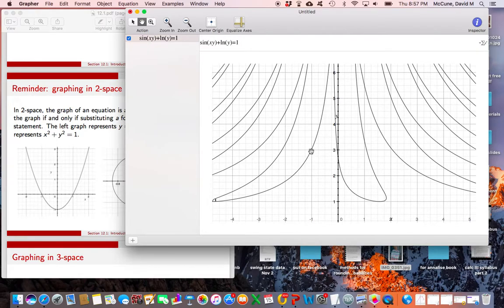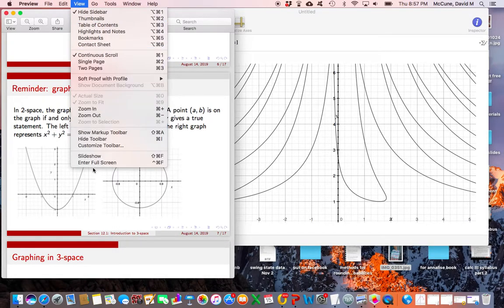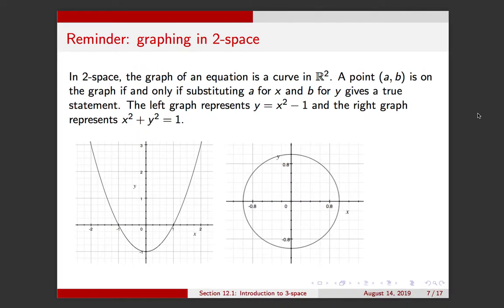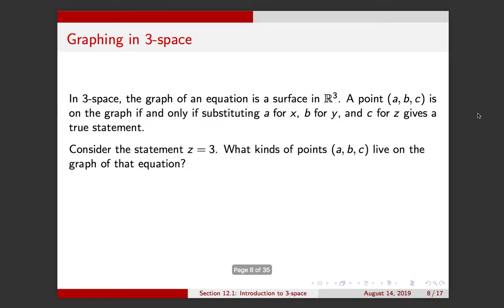But (-1, 3), I guess, has that property somehow. So anyway, the equations don't have to be nice. Any equation, any random thing you write down has a graph, unless you contradict yourself or something. So you can have graphs that don't show up if you aren't careful. But anyway, that's how graphing worked in 2-space.